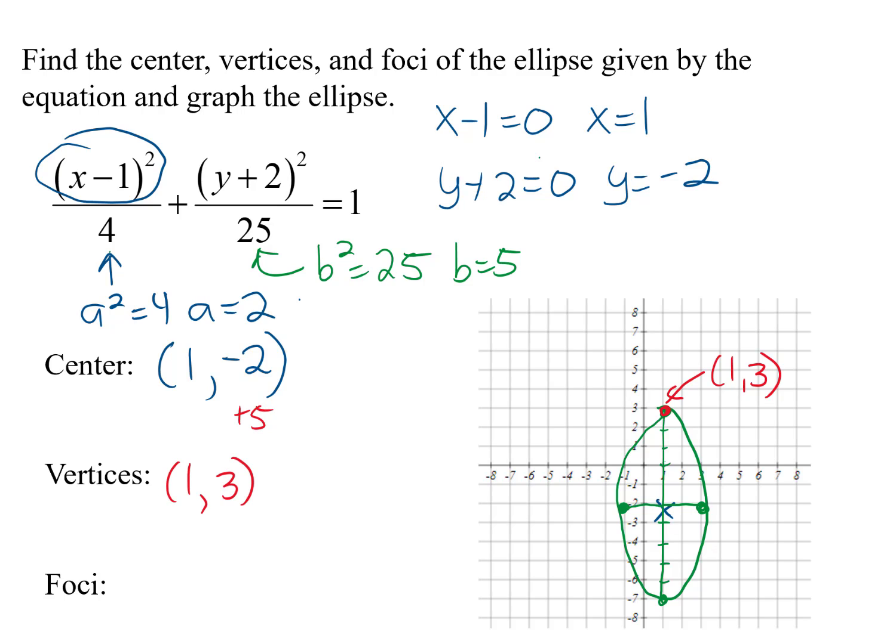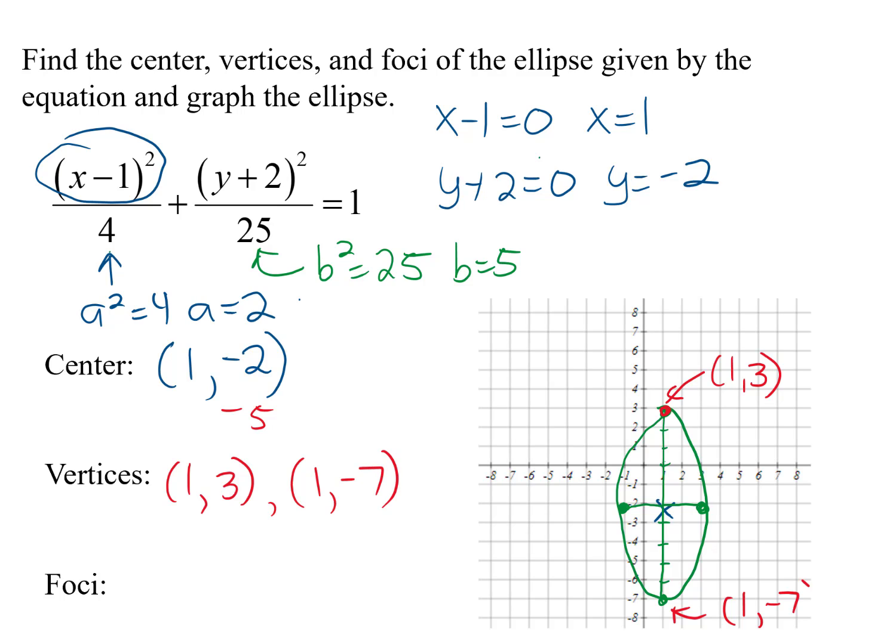I just found it by looking at the graph, but you could also have added 5 to the y value there. Now let's find the other vertex, and it's down here, and we can see that the x doesn't change. That's at 1, but from the center we were at -2, and we went down 5, so we are now going to be at (1, -7).